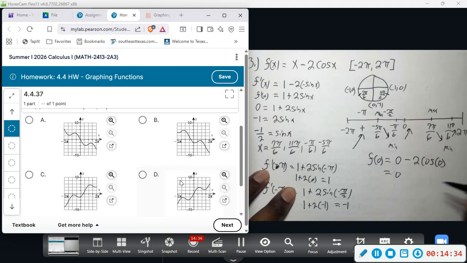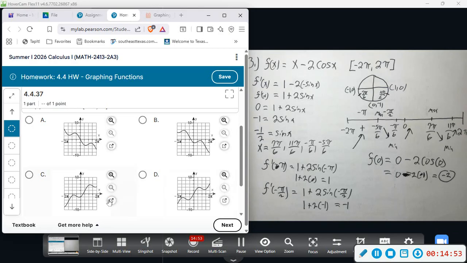So this is going to be a 1. This is going to be -2. Cosine of 0 is just 1. So -2 times 1 is -2. So we're getting a -2 when I plug in 0. That would correspond more closely to graph C.